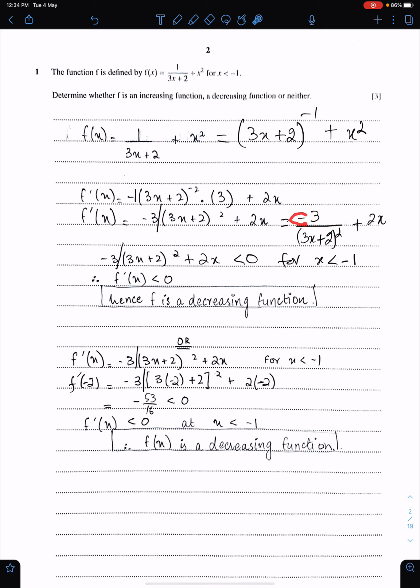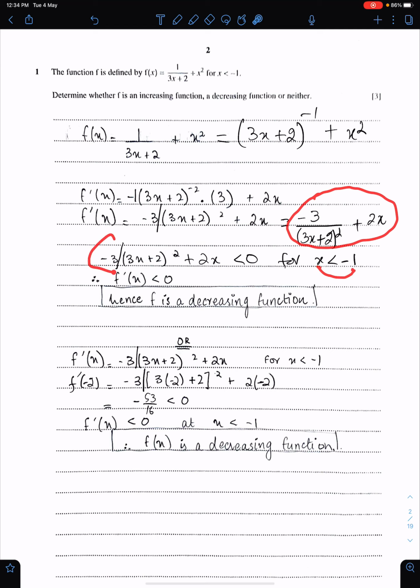And because of this negative sign, this entire thing will become negative for this domain. When you put any value according to this inequality, you will always get a negative answer. So this entire thing is negative for this domain.